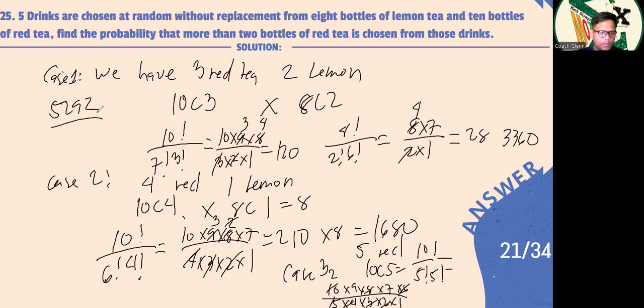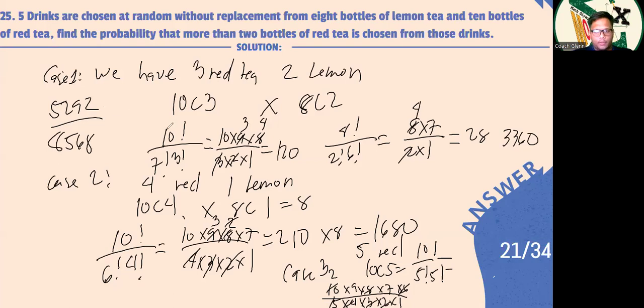And then just divide that with 18 choose 5, which is 8568.